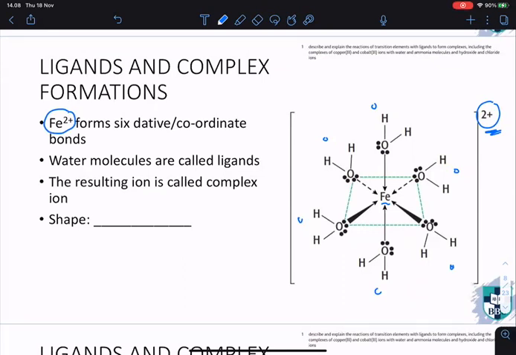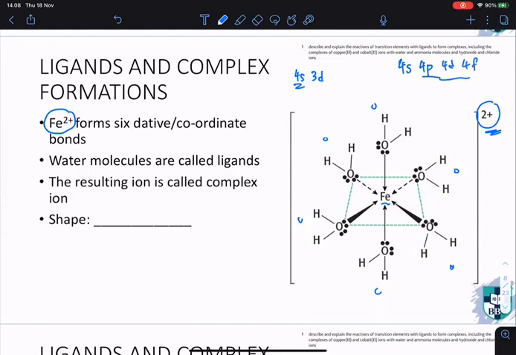What is the special property of these transition elements? They have 4s, 3d, and after 4s they have 4p, 4d, 4f. They have so many empty orbitals, so many subshells.